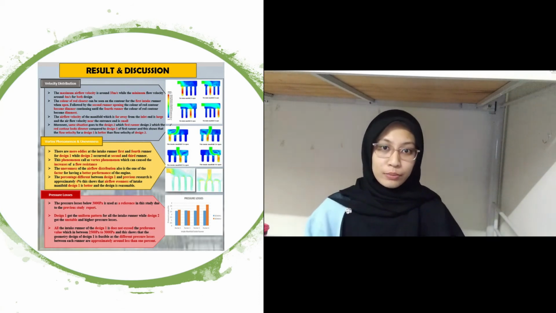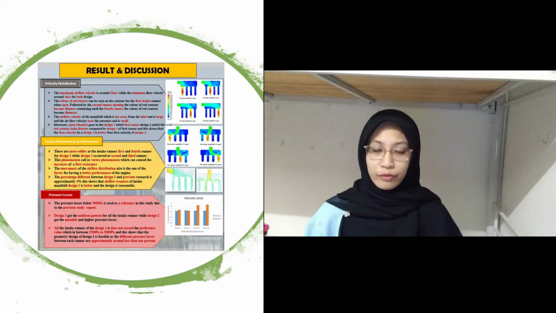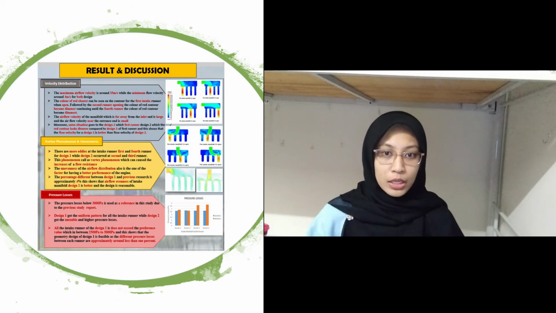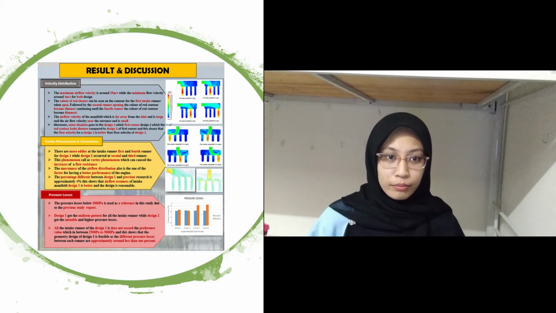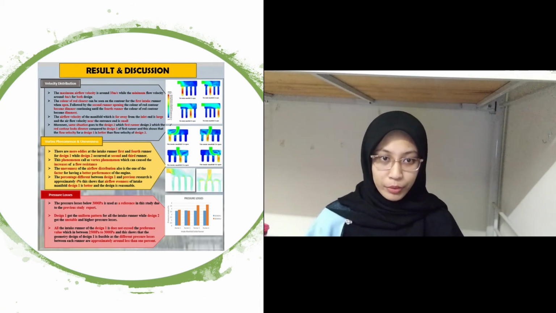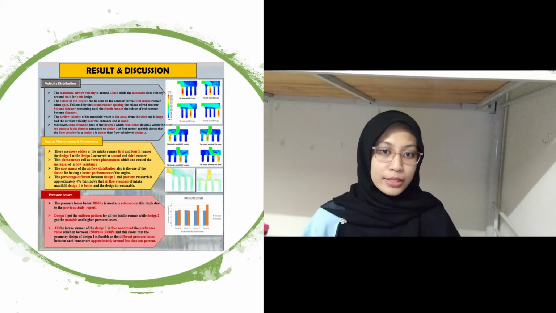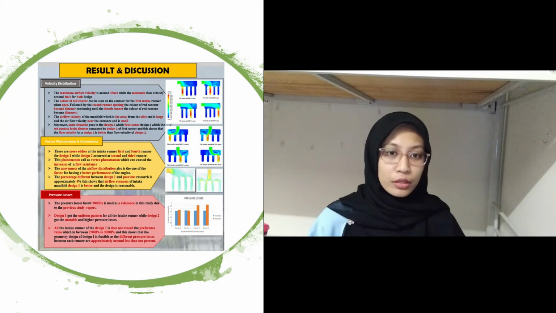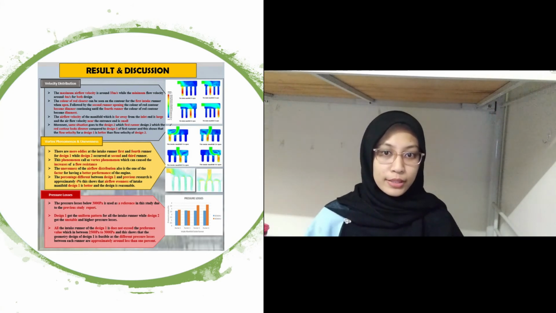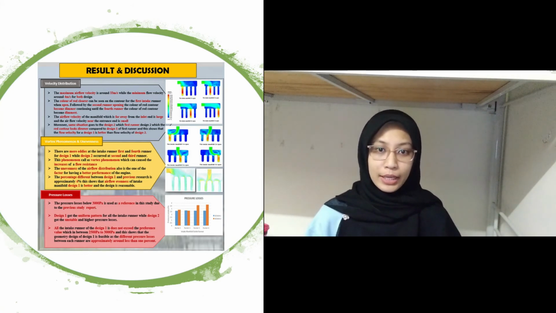A pressure loss below 3000 Pascal is used as a reference in this study, due to the previous study report. Design 1 got a uniform pattern for all the runners, as we can see in the plotting graph of inlet, intake manifold, outlet runner, and the pressure losses, while design 2 got unstable and higher pressure losses.